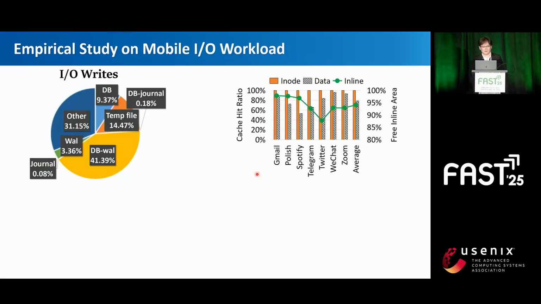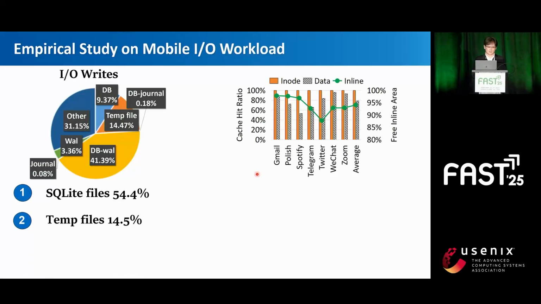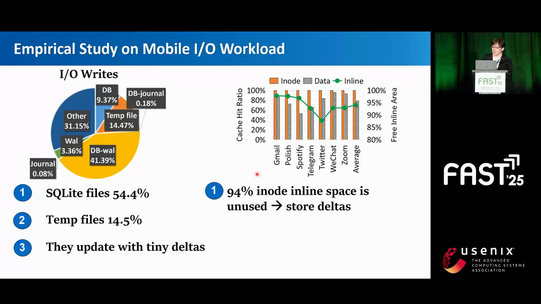We further analyzed the file type of I/O writes, and we found that SQLite and temporary files contribute to the majority of I/O writes, and they are the source of tiny updates. On the right-hand side, we further observe the inline area usage.